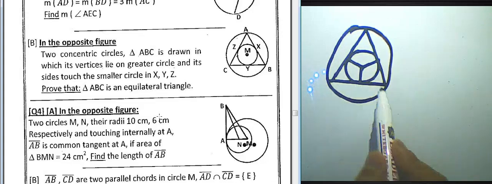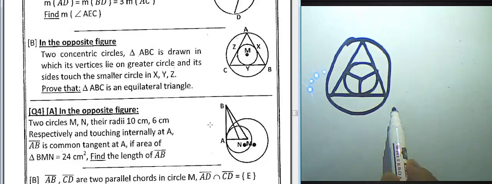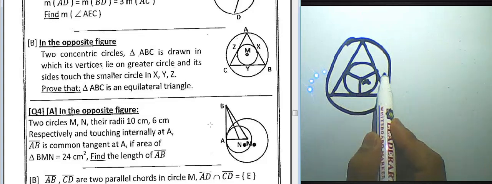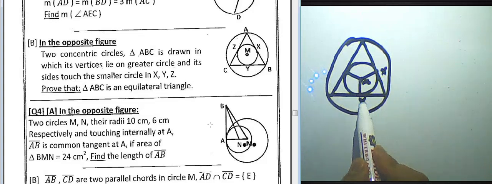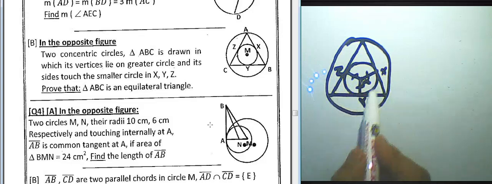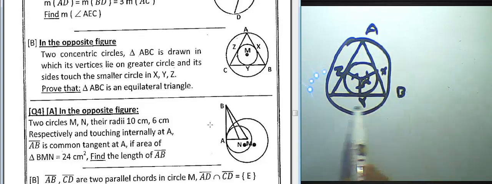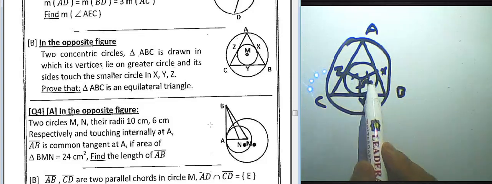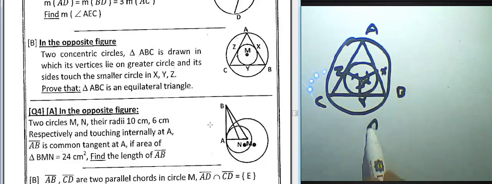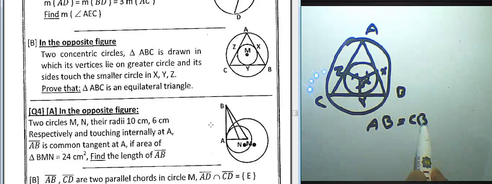Such that in this figure MX equals MY equals MZ, we call it the radius, in the smaller circle here, and we have ABC in the greater circle here. MX equals MY equals MZ, then AB equals BC equals CA.